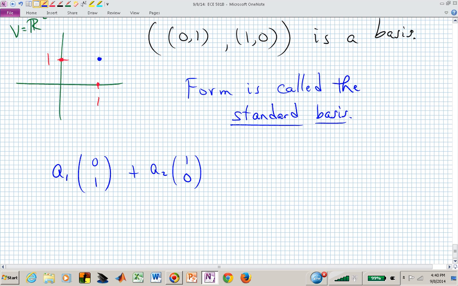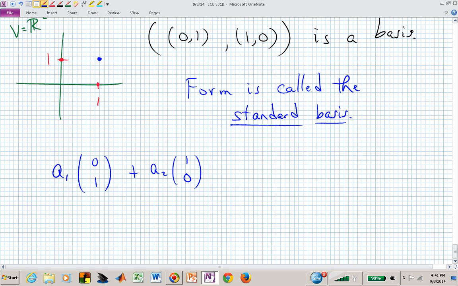How would I pick A1 and A2, or what would A1 and A2 be equal to in order to get me to that blue dot? And A1 and A2 could be the coordinates of that dot in this standard basis.